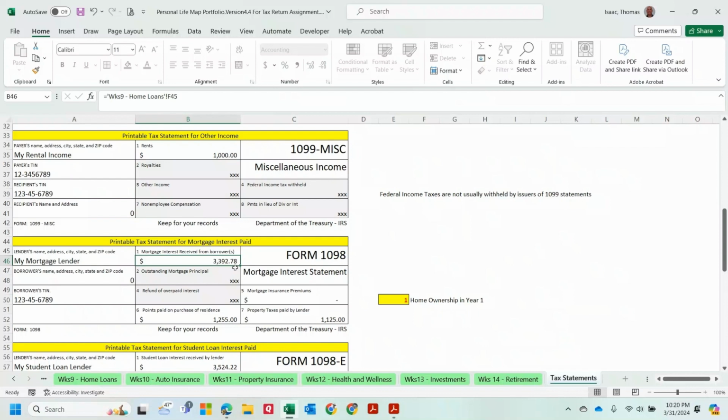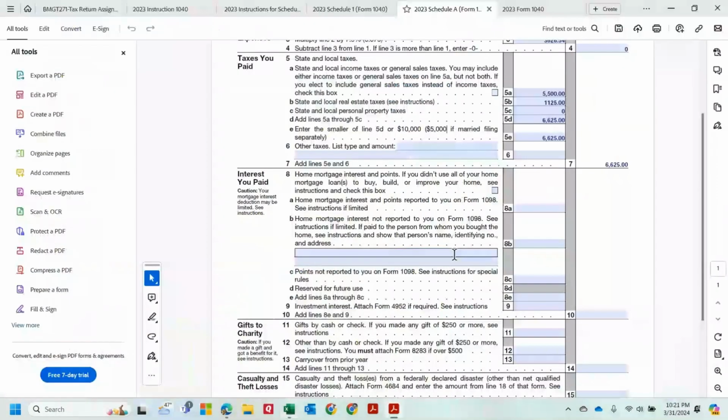And then the points, $1,255 and no cents. So this is the interest. That's the amount that I pay in my payment. This was the lender fees up front. So that came from worksheet number 9. I can deduct those things. So I'm going to go back to my Schedule A, and I'm going to put the sum total of those two in there.